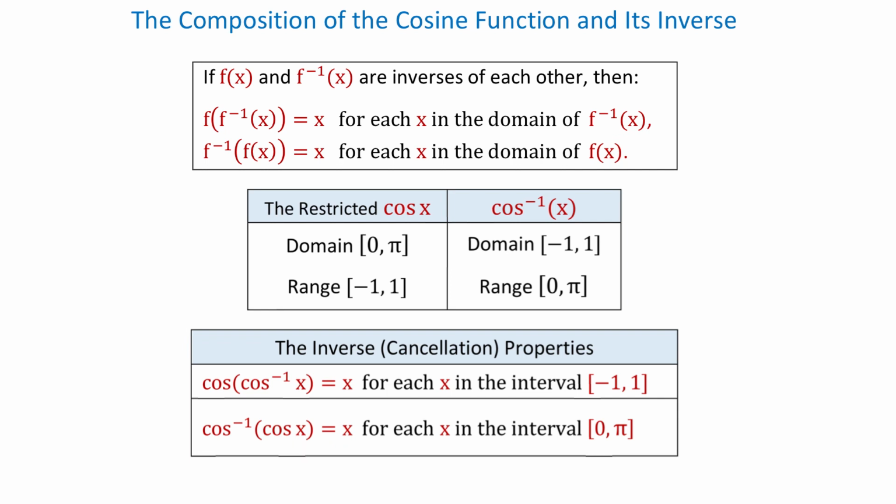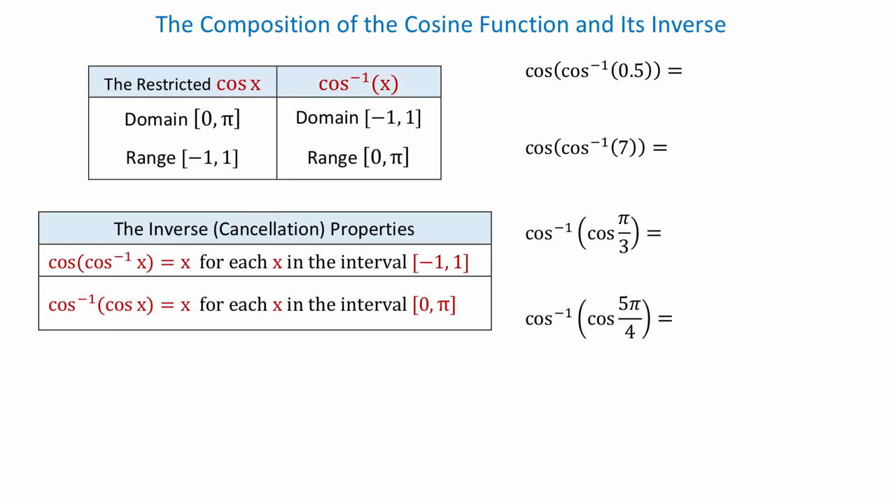Now let's analyze a few examples. Here we have 4 examples that we will simplify, and the first one is cosine of inverse cosine of 0.5. This expression starts with cosine and inverse cosine is in parentheses. Therefore, we will use the first property and we will have to check if 0.5 is in the interval from -1 to +1.